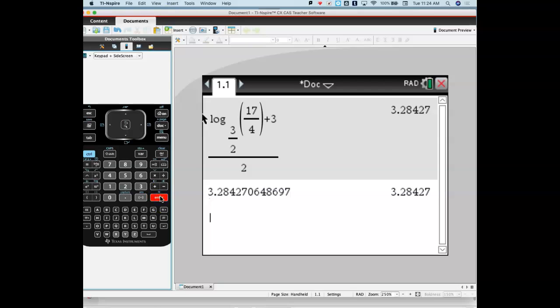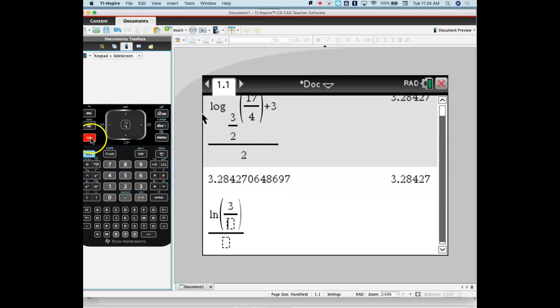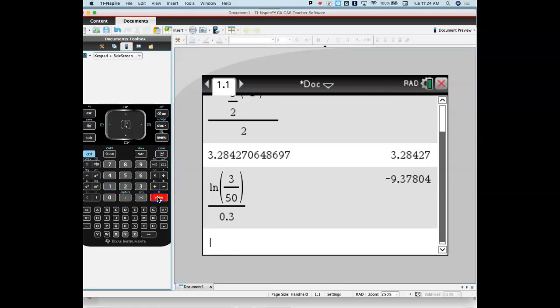Or you could go the other way, that's my fraction, and then the natural log of 3/50, and then divide that by 0.3, and you get negative 9.3780357225333.